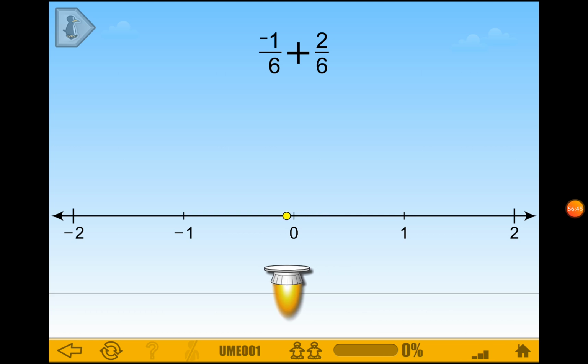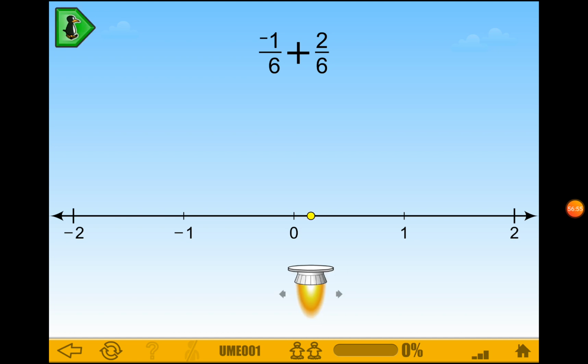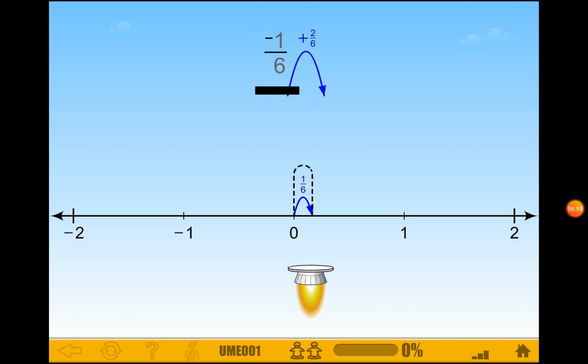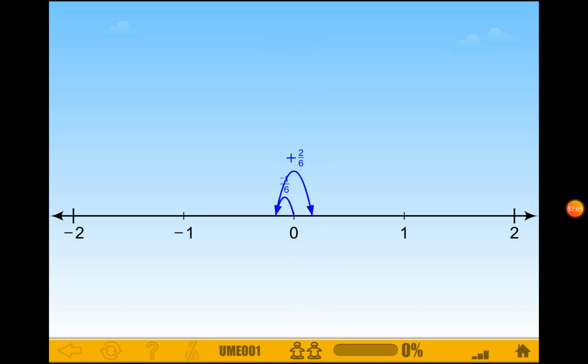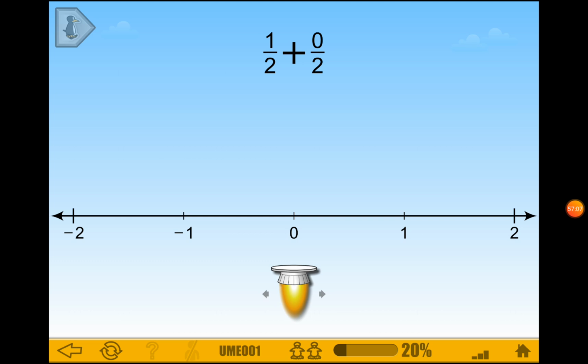Okay. So negative 1/6 plus 2/6. Negative 1 plus 2 is 1, and that would just be 1/6, because the denominator stays the same, so 1/6 is like right there. Is that good enough? What happened to Gigi?